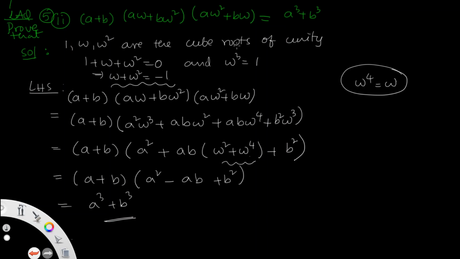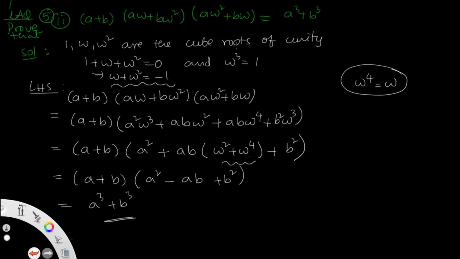Just multiply, ω³ is nothing but 1, and the remaining ω² + ω⁴ is nothing but minus 1, that is minus ab plus b². That's all.